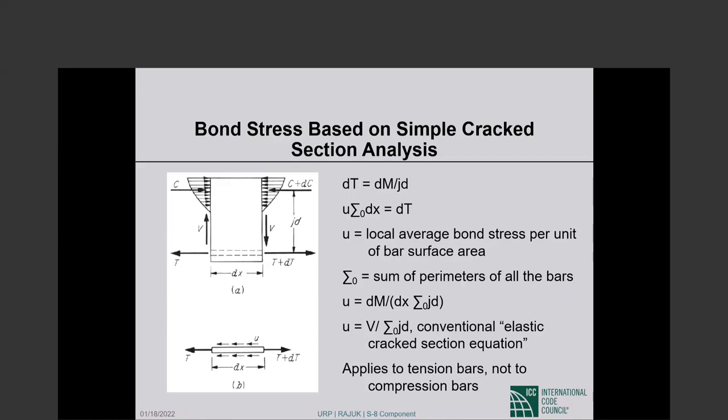So sigma sub 0 times dx is the total area over which the bond stress acts. If we multiply sigma sub 0 dx by u, we find the total bond force that has to equal the incremental tension dt. So this equation is actually the equation of horizontal equilibrium for the free body diagram at the bottom.